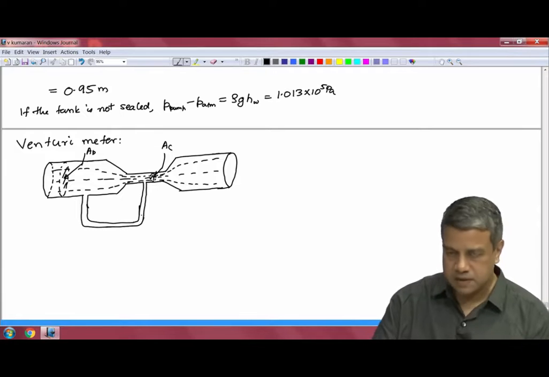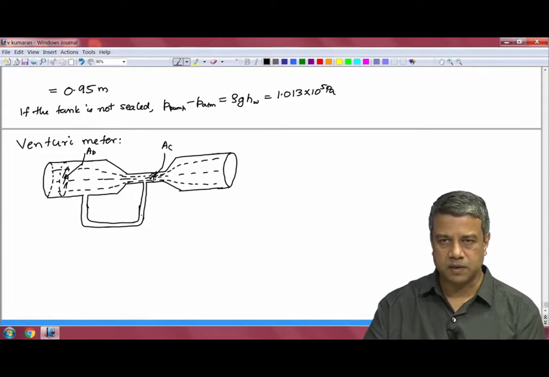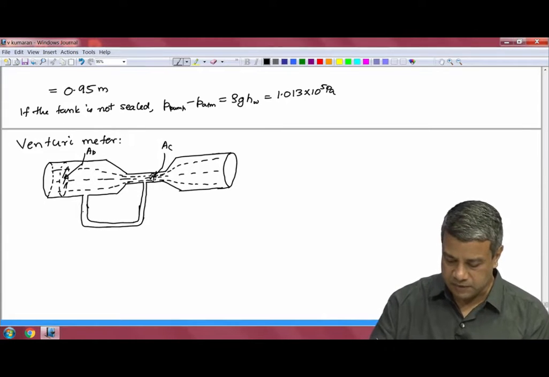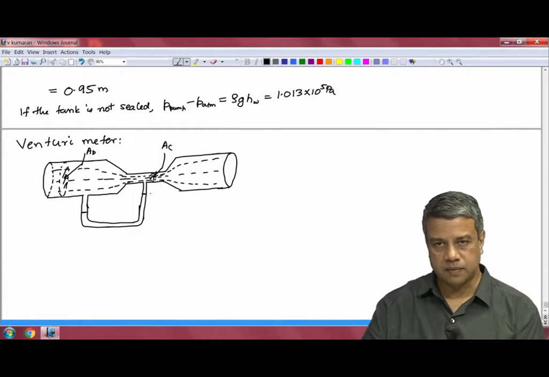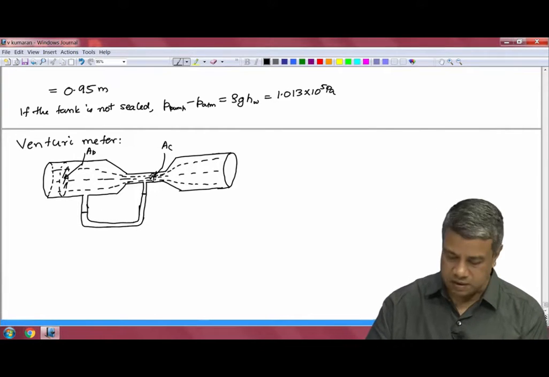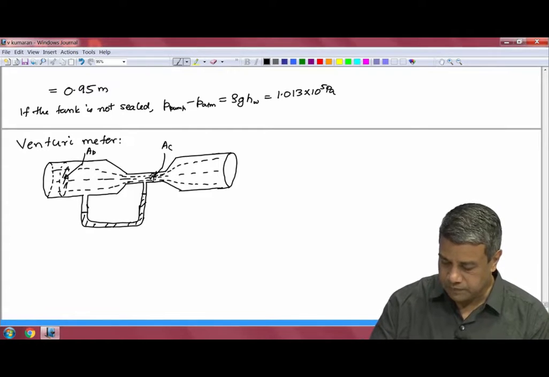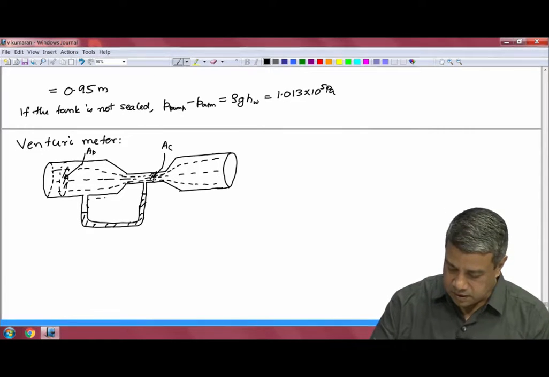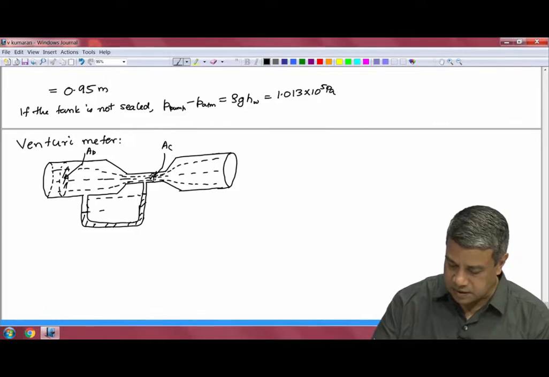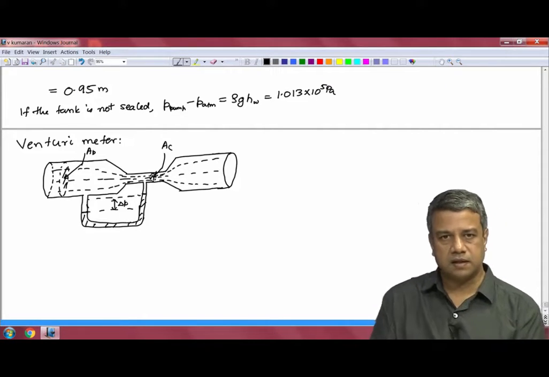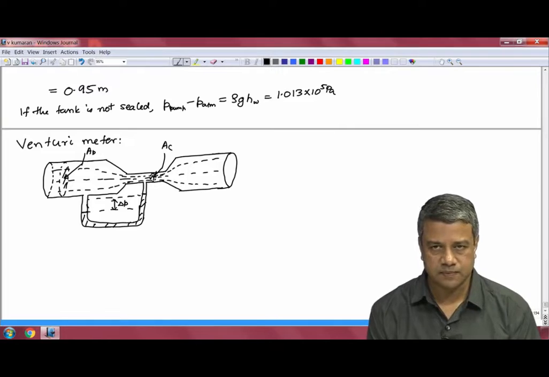So, as you know, these pressure tappings are basically what are called manometers, and these contain a liquid, water if the pressure difference is small, mercury if the pressure difference is large. And the pressure difference is basically given by measuring the height difference between the two arms.